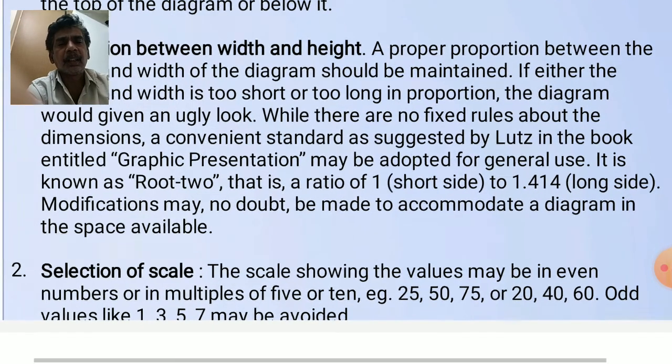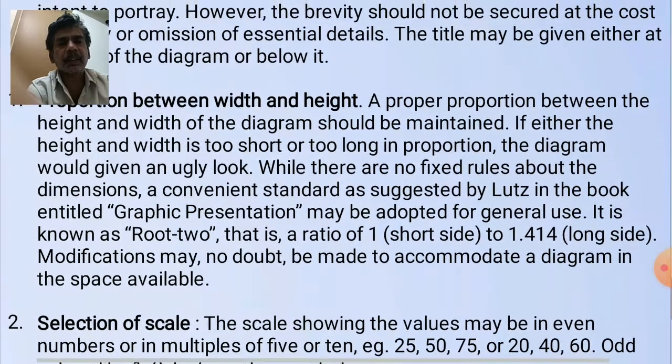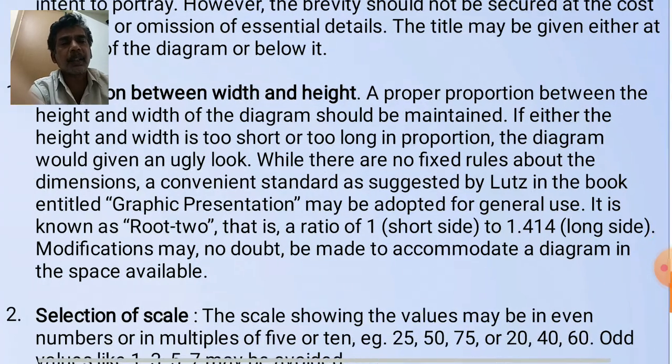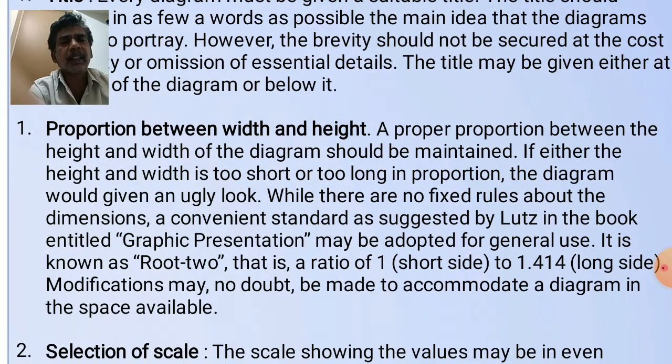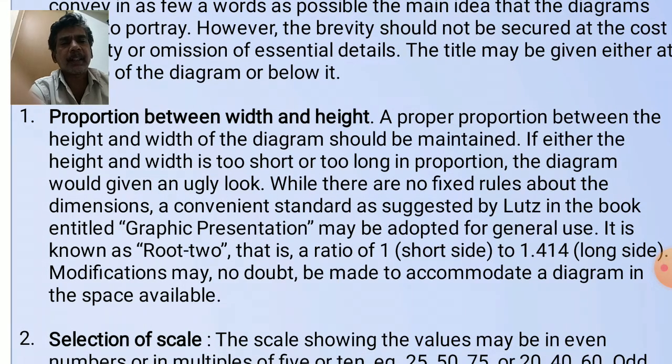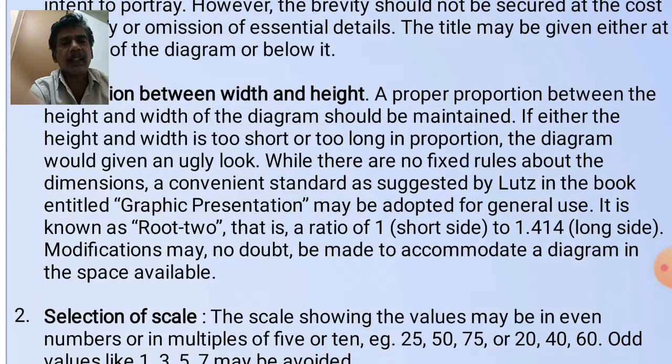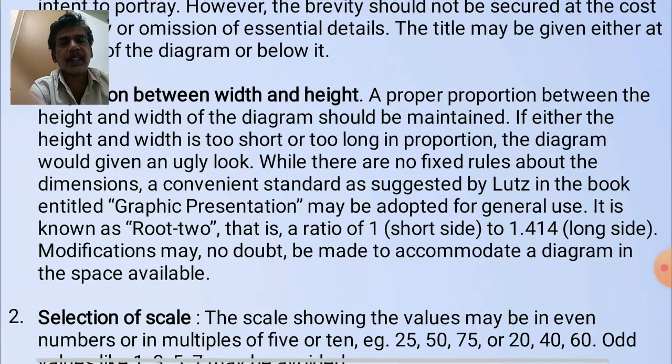If there are huge differences between width and height, it may not be shown well, and modifications may no doubt be made to accommodate a diagram in the space available.